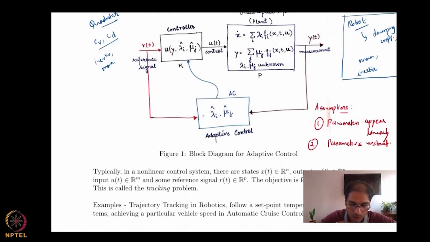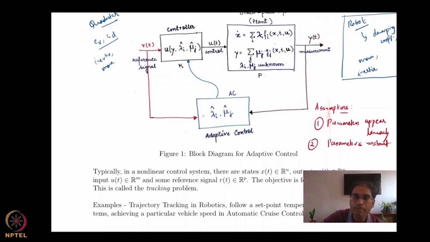But now the control also depends on what we call estimates. These lambda i hats and mu j hats are called estimates of the true parameters lambda i and mu j. So the controller now depends on these estimates also.